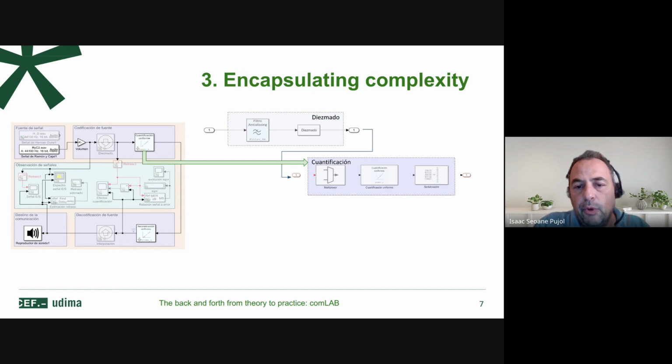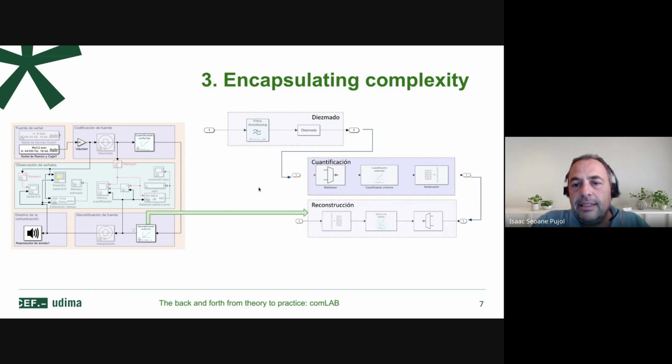So, well, following this slide, you can check what is inside these blocks in the upper layer, and all these other blocks are working inside one of them. So if you need to go to the deep part of the simulation, you can follow this block, clicking and zooming to go down.